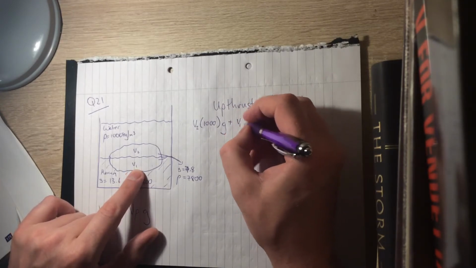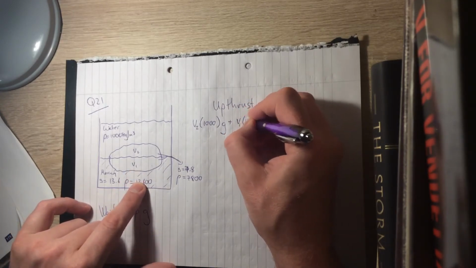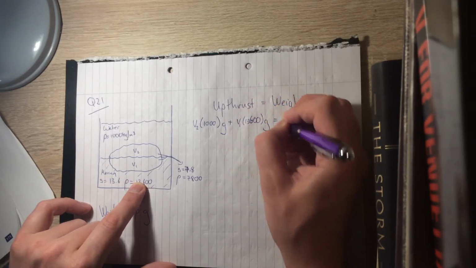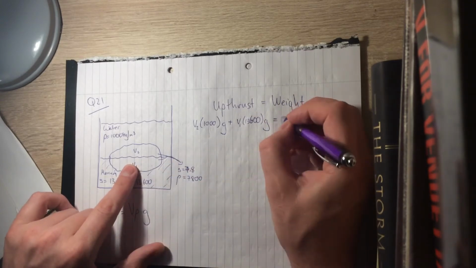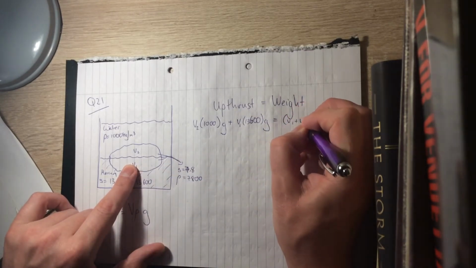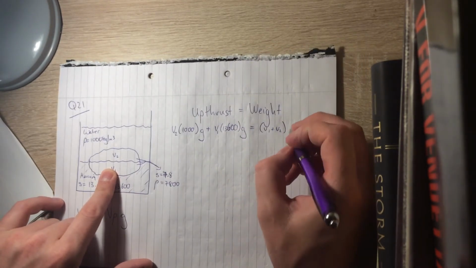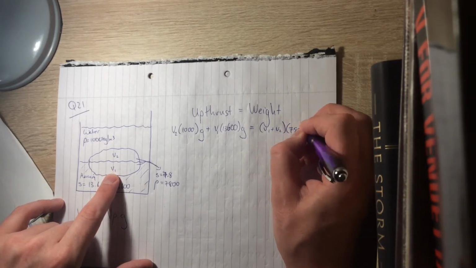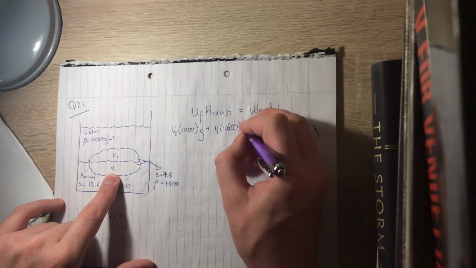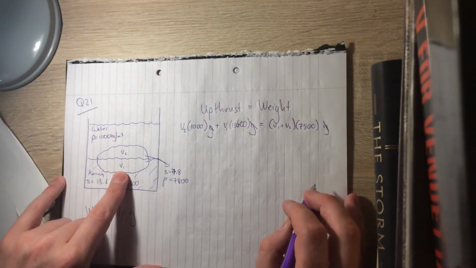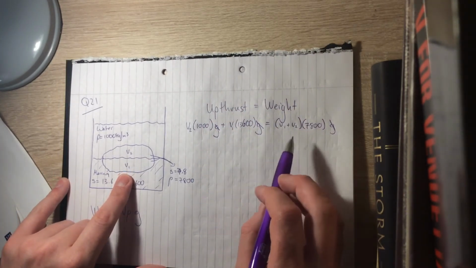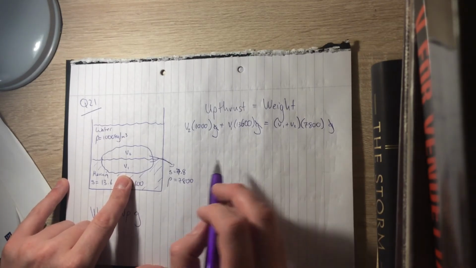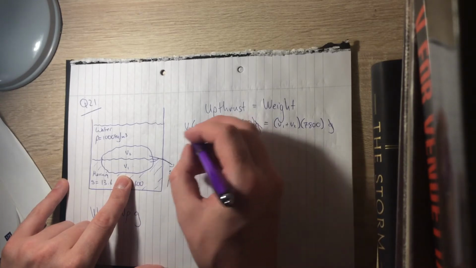So that's the volume of displaced mercury times the density times g. And that has to equal the weight of the thing, which is its volume, V1 plus V2 together is the total volume, times its density, which is 7,800 times g. Okay, and you can see that g cancels here.